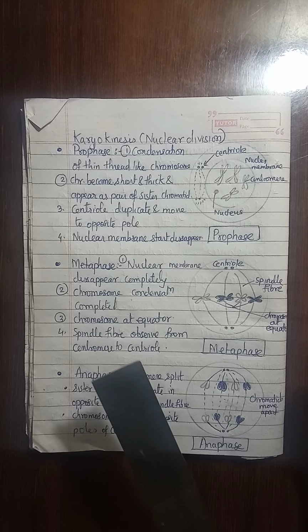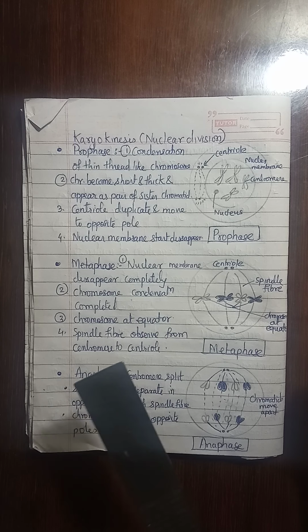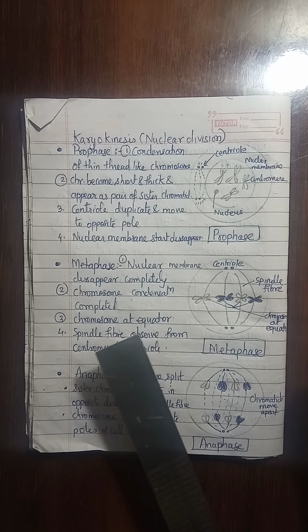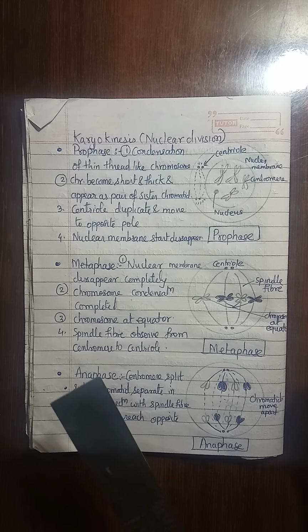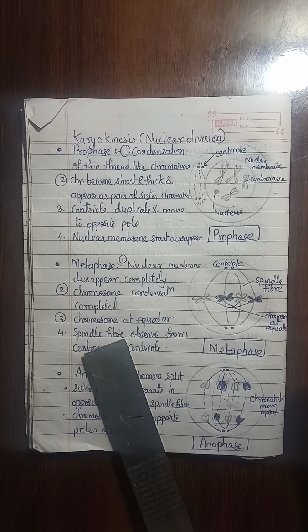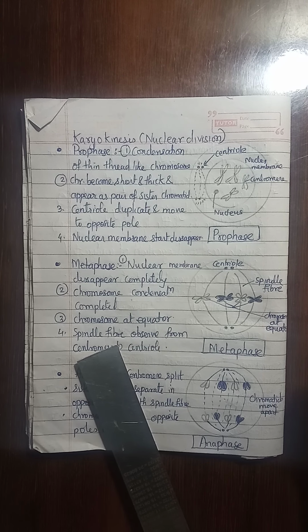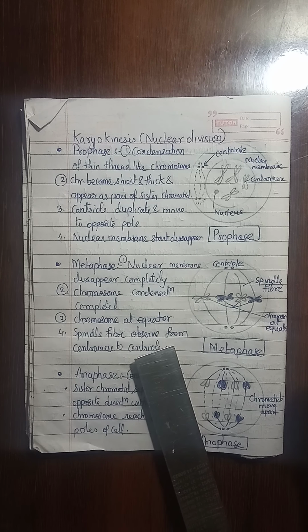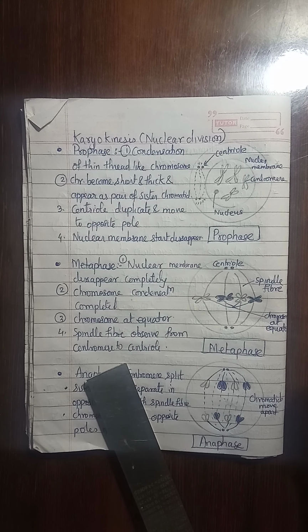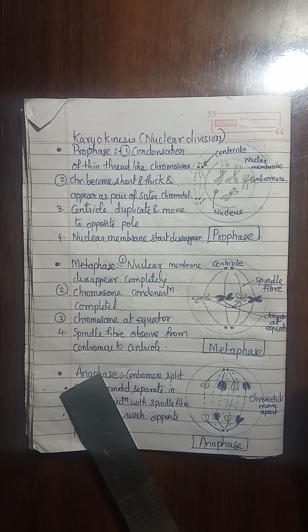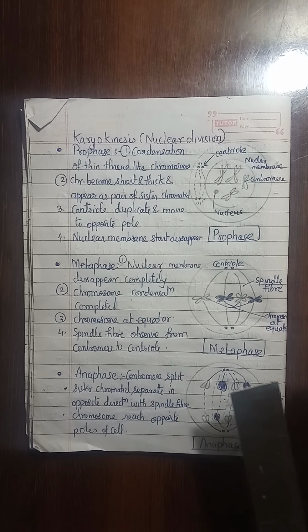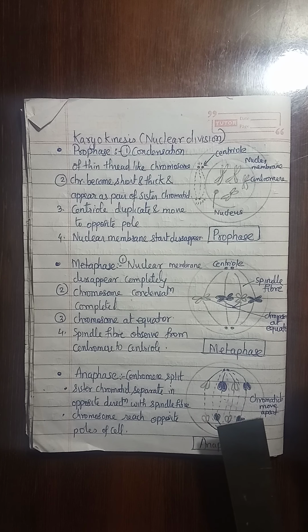Chromosomes become very clear and they start getting darker and thicker. The chromosomes are at the equator and the spindle fibers are attached at the centromere. You can see the spindle fibers are there and attached at the centromere of the chromosomes.